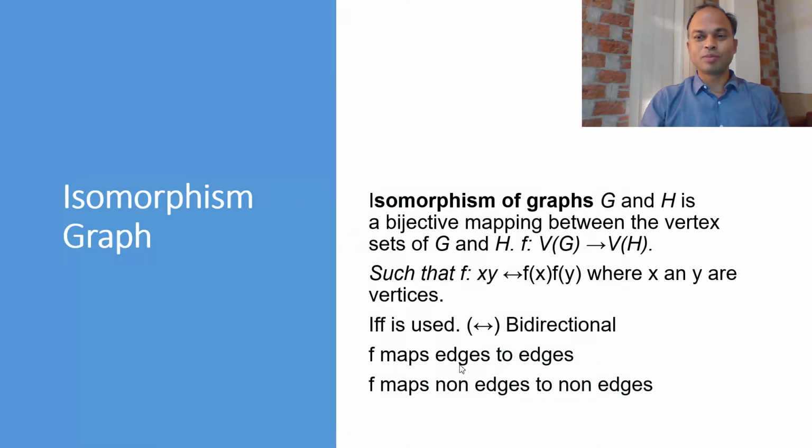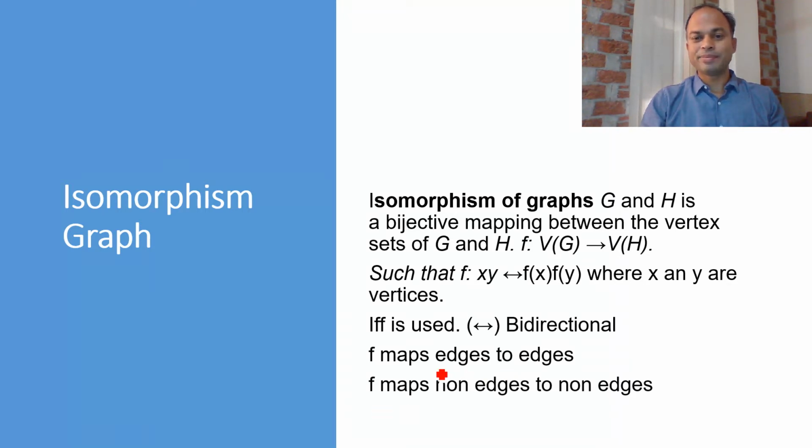If we talk about the formal definition of isomorphic graphs, here we have two graphs G and H. We have a bijective function f, which maps from V(G) to V(H), where V(G) is the set of vertices of graph G and V(H) is the set of vertices of graph H, and the mapping is such that f maps xy to f(x)f(y).